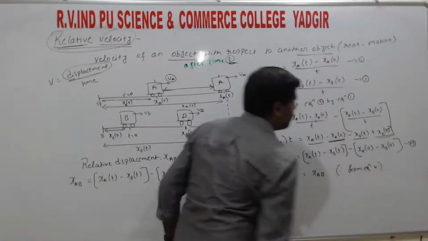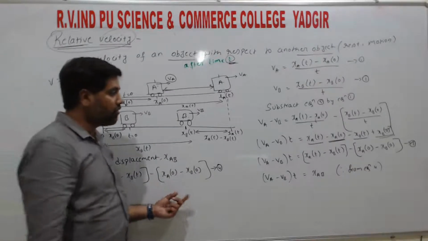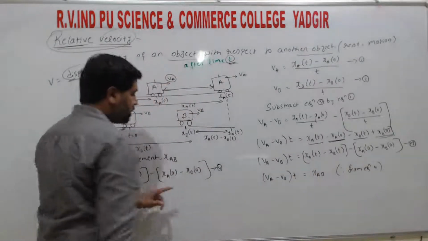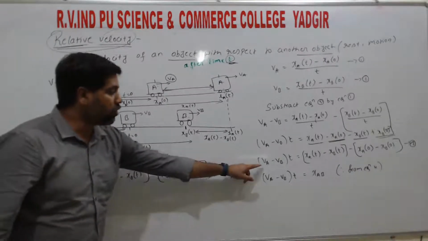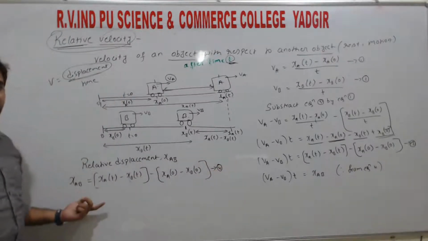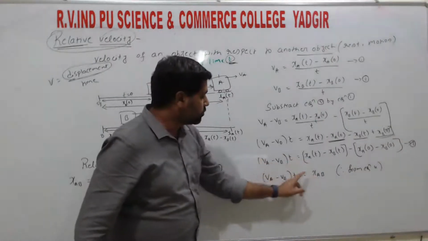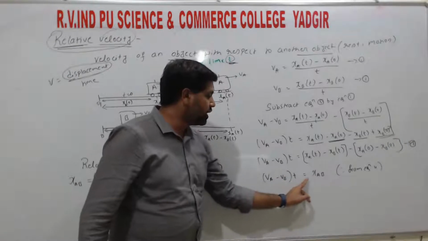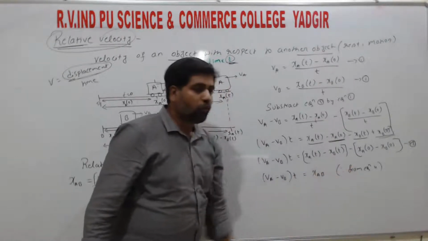So in equations 3 and 4, the right hand sides are the same, so automatically the left hand sides become equal to one another. So equation 3 becomes (VA minus VB) into T equal to XAB, from equation 4.